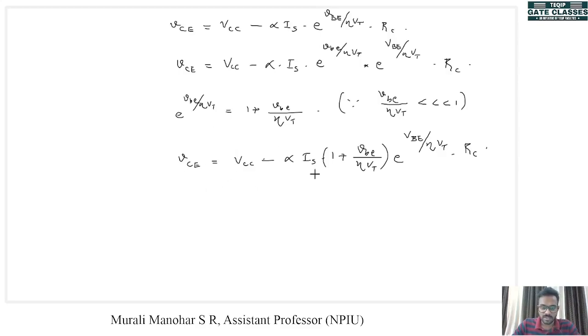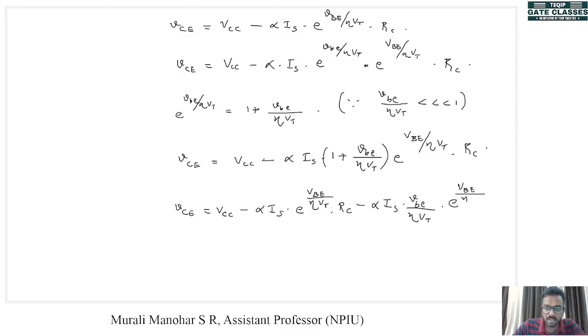Okay. So this is our final vCE. Now let's expand this. So vCE is now equal to VCC minus alpha IS e to the power VBE by eta VT into RC, minus alpha into IS into vbe by eta VT into e to the power VBE by eta VT into RC.